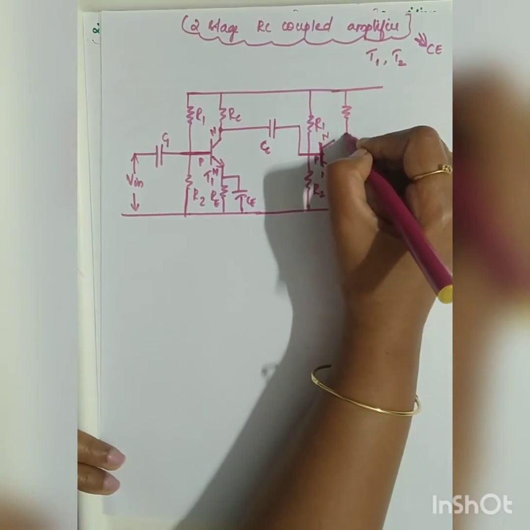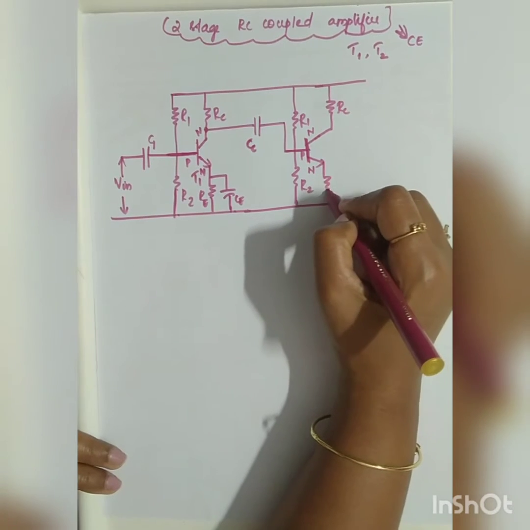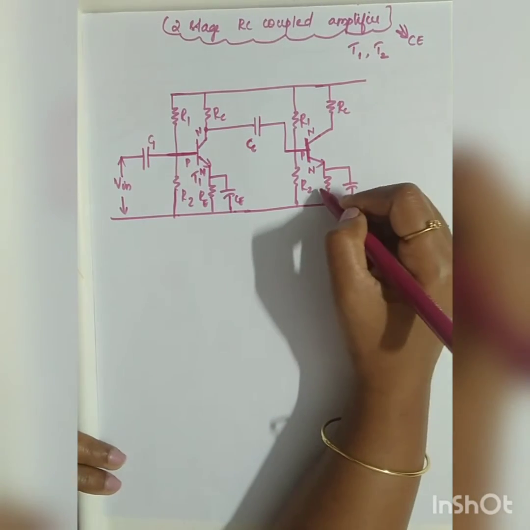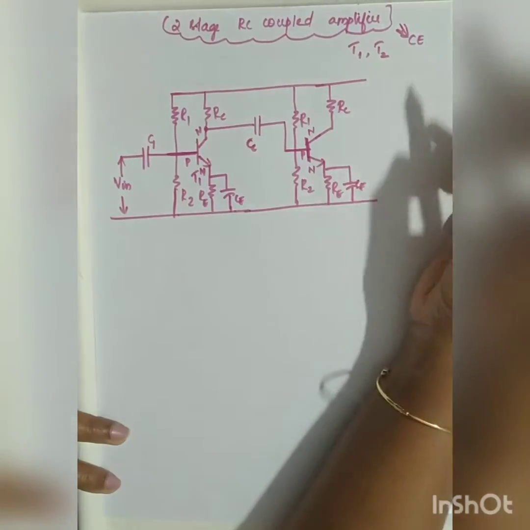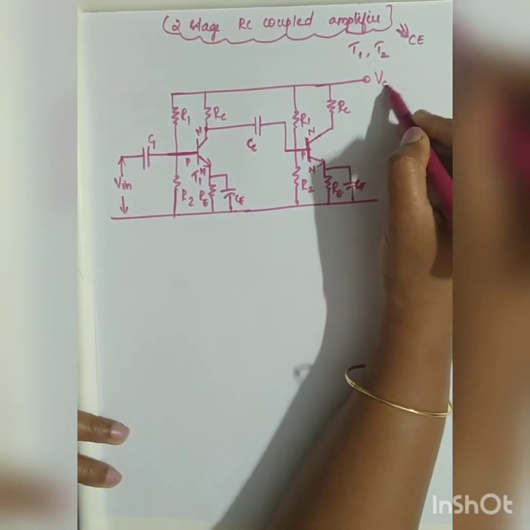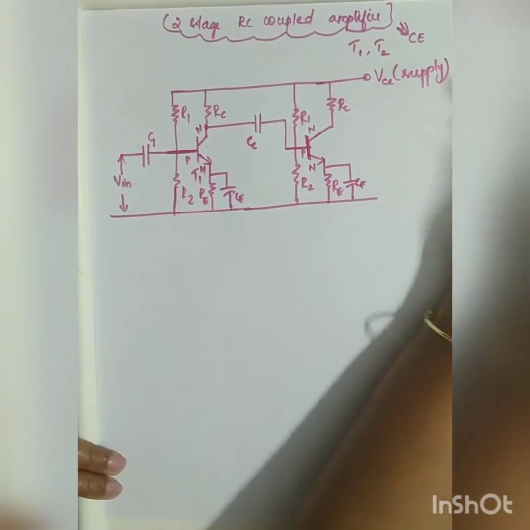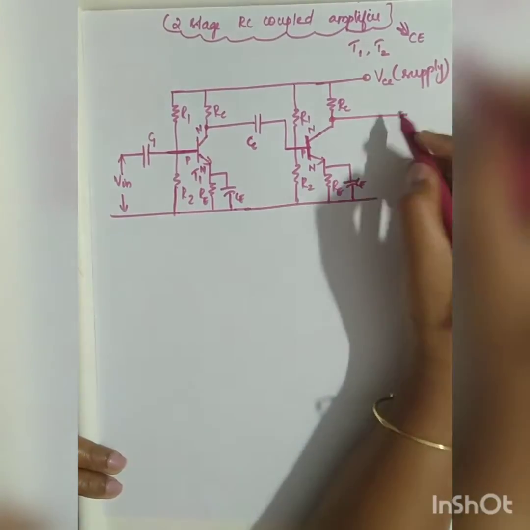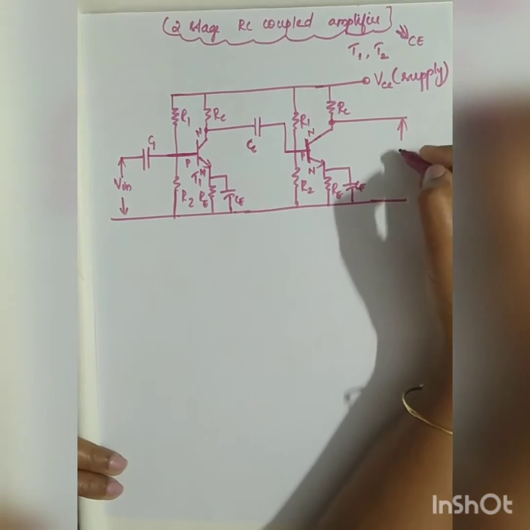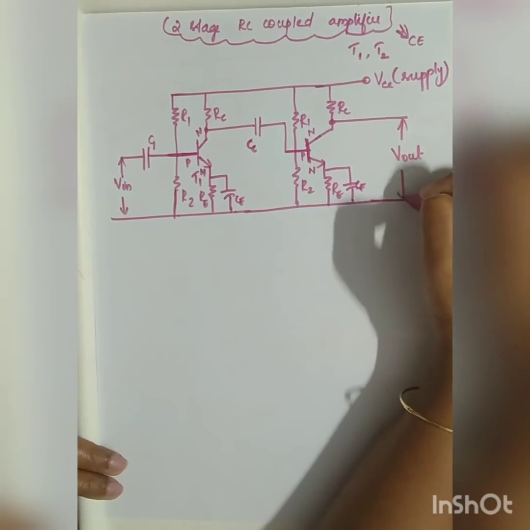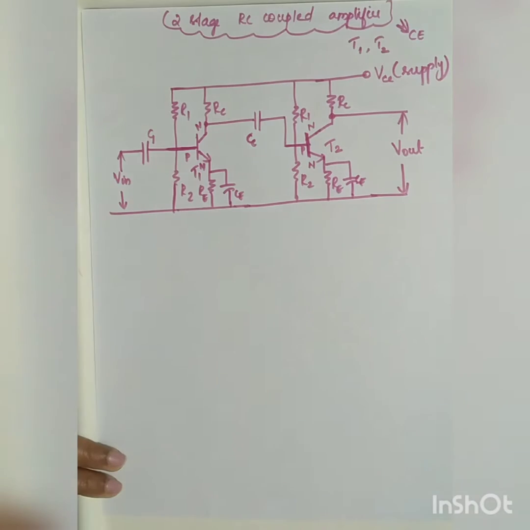Along the collector you have your resistor RC. Along the emitter you have your RE and CE, bypass capacitor. Now this will go to your common VCC supply. Along the collector of the second transistor you will be getting your output V out. So let me take this as transistor T2.